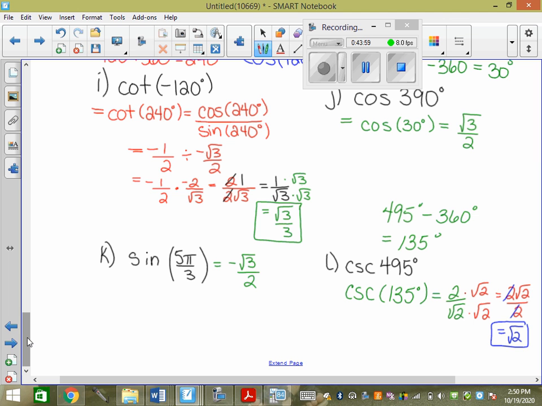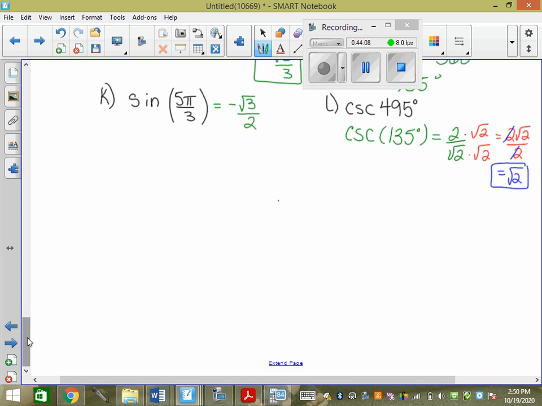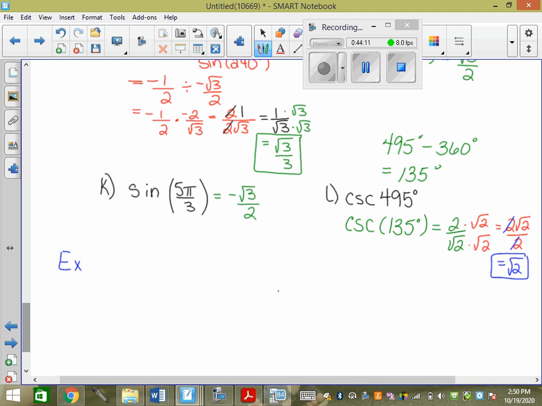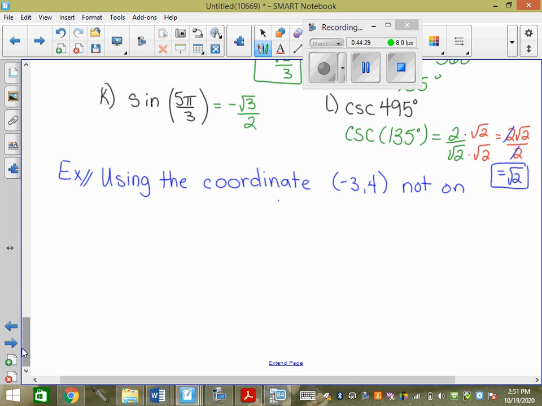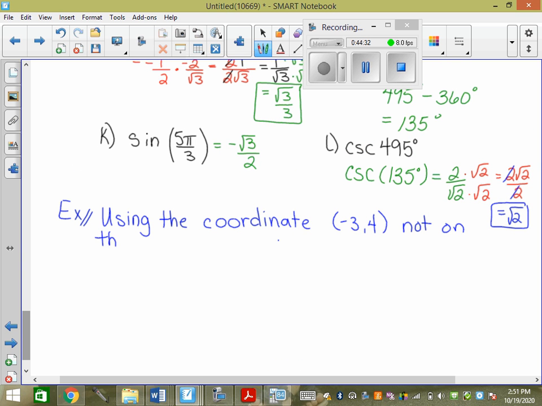And because I don't want to waste time, I'm going to get you guys to do this next question on paper 12. So I'm giving you a coordinate not on the unit circle. Using the coordinate negative 3, 4, not on the unit circle, determine the 6 trig ratios.